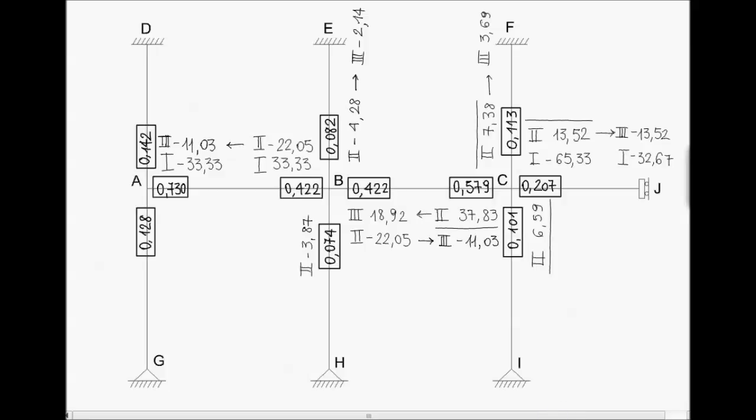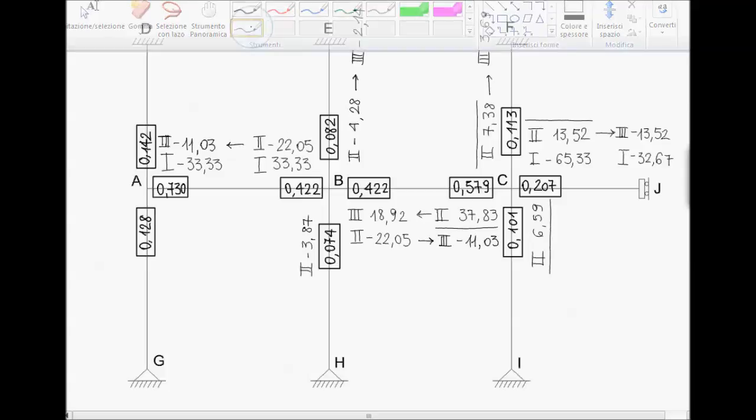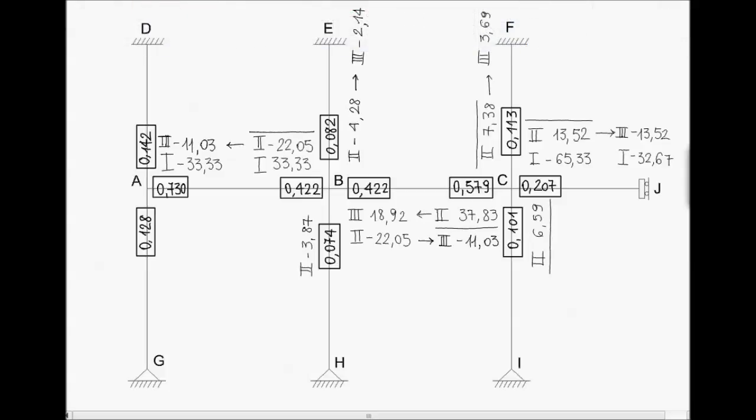We move now to node A, which is unbalanced. Node B was balanced after the previous passage. So in node A we have to sum up the two contributions, minus 33.33 and minus 11.03, and we have to distribute this sum according to the distribution factors, obtaining these second bending moments.